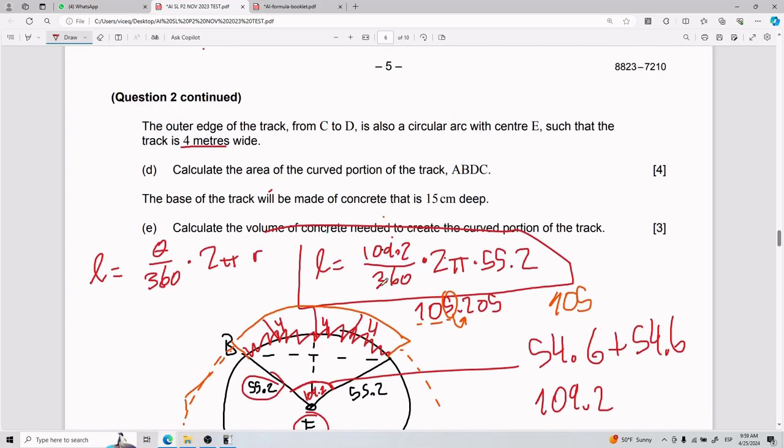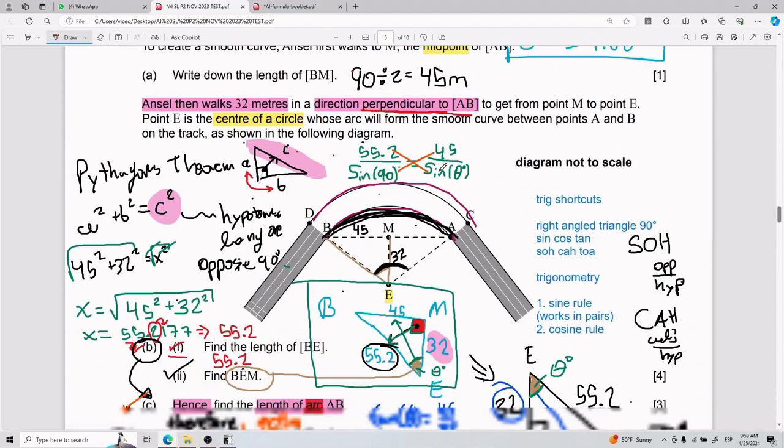And we calculate the area of this curved portion of the track. A, B, C, D, E. Sorry, A, B, C, D, E, F, G. A, B, D, C. So let's go back to the original diagram because it's what has the most information. So technically, they want to find the arc that is A, they told us, A, B, D, C. So it's going to be all of this, okay?